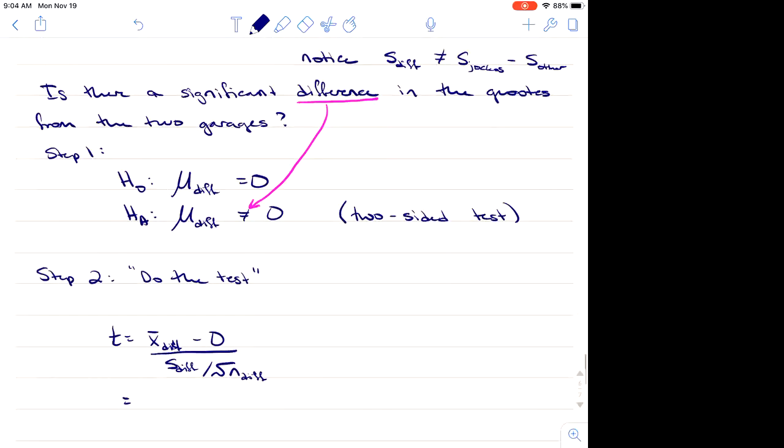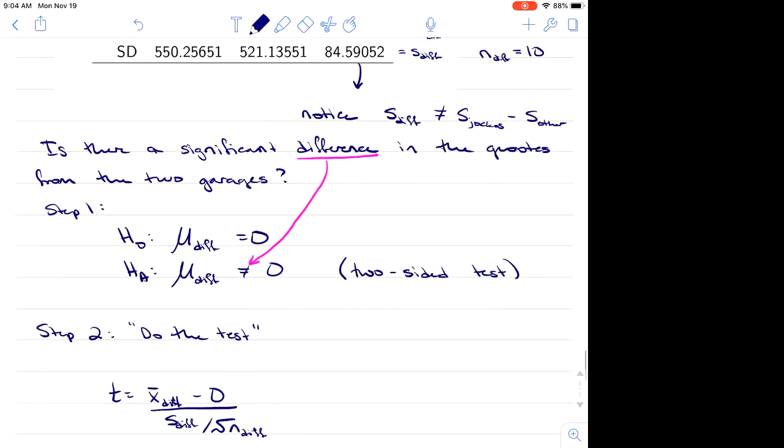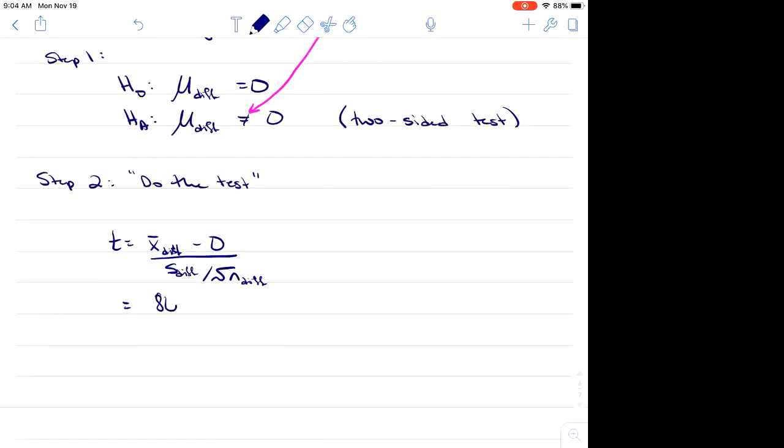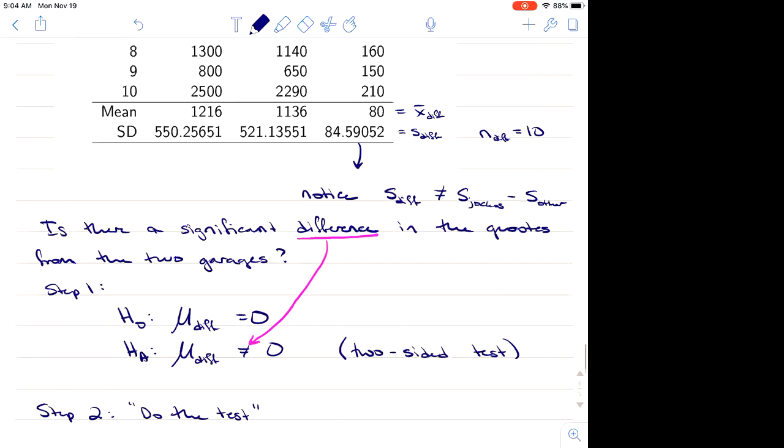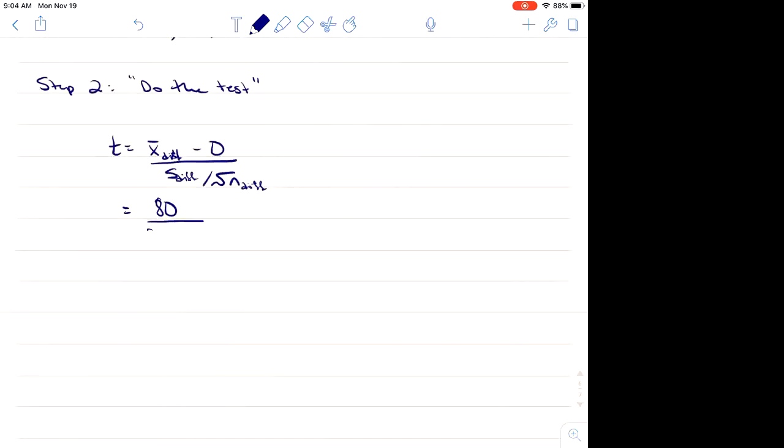X bar of the differences was 80. 80 minus 0, I'll just start dropping the minus 0. It doesn't matter. 80 over 84.59052, over the square root of 10.